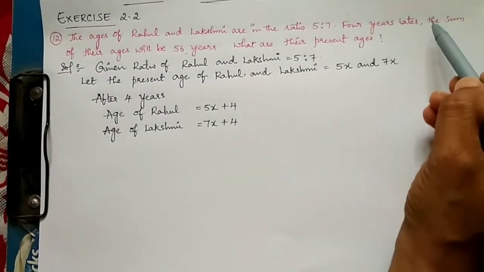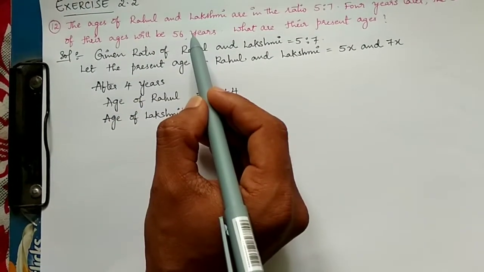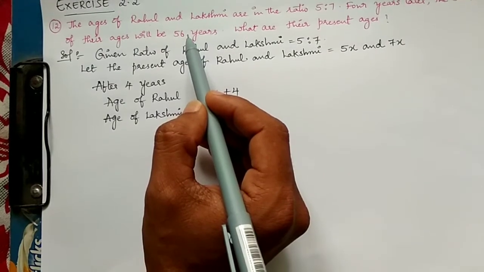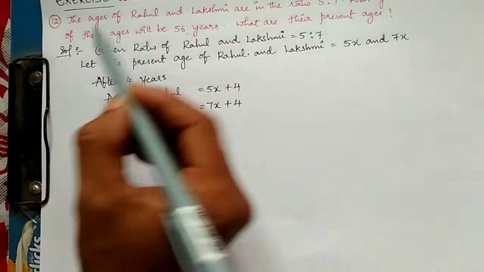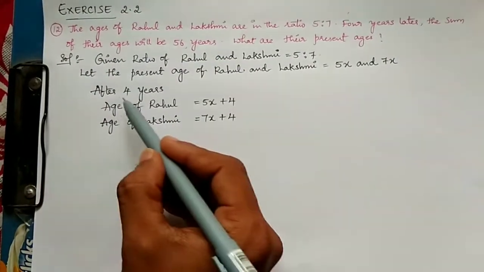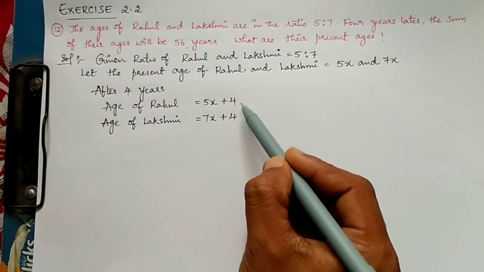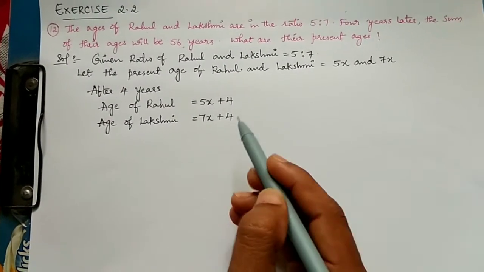Now the next statement is that the sum of their ages will be 56. When will the sum of their ages be 56? 4 years after, the sum of their ages will be 56. So already we have written, after 4 years, Rahul's age is 5x plus 4 and Lakshmi's age is 7x plus 4.